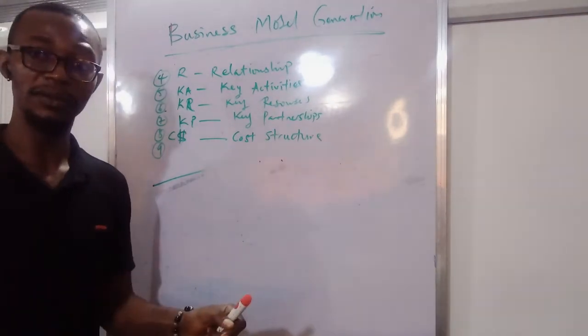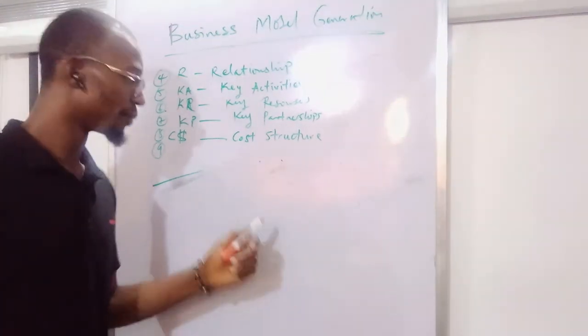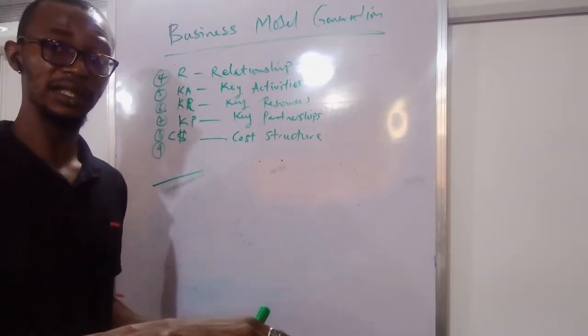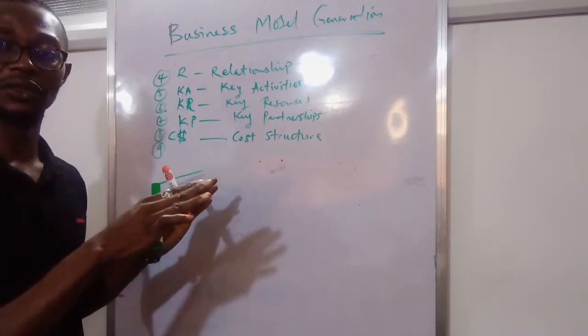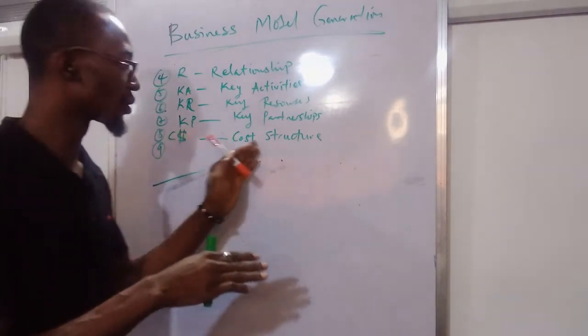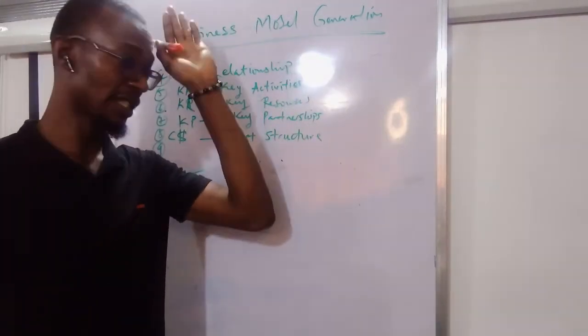Part of the cost structure is me saying, okay, 10,000 for mobilization. For this training, part of the cost structure is how much the facilitator is getting and how much we are budgeting for refreshment. Everything goes on that cost structure. So under that cost structure, you can know exactly how much it will cost to get this done.